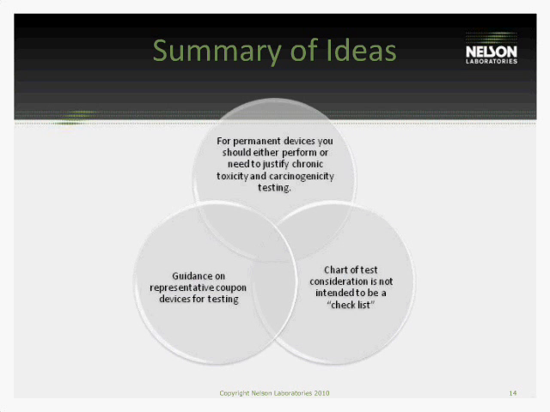The next set of ideas from the FDA that we've seen in the past is that for permanent devices, you should also perform or need to justify chronic toxicity and carcinogenicity testing. In the past, when the G95 came out, carcinogenicity testing really was not even evaluated for most devices. Genotoxicity was used to try to justify out of it, but now with the extractable leachable testing that I just talked about, we can actually evaluate both chronic toxicity and carcinogenicity with those compounds coming off a device.